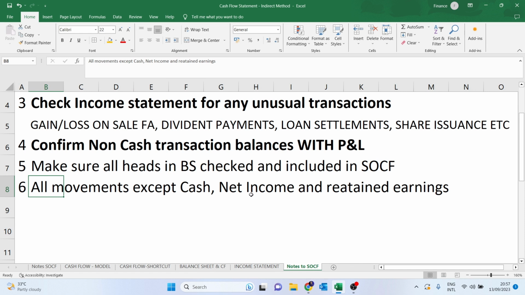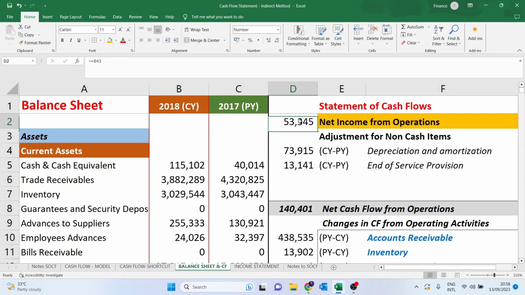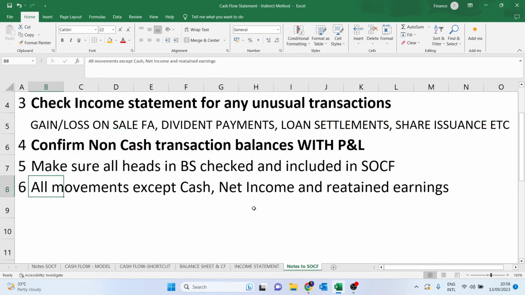And net income, we are taking in the first line, converting the net income for all the other changes in the balance sheet items. And retained earnings is the accumulated loss or profit during previous years that we now need to take.